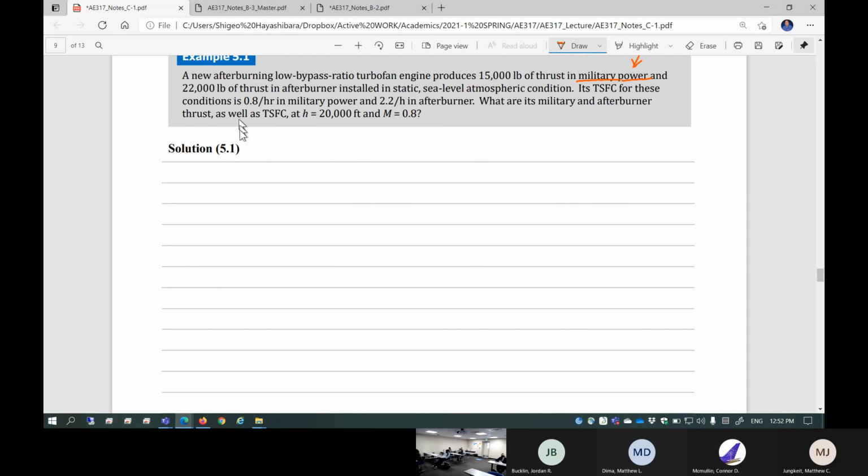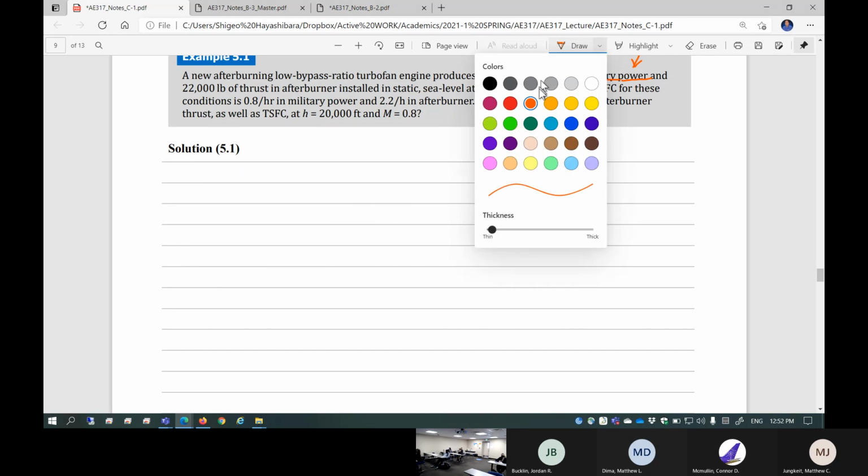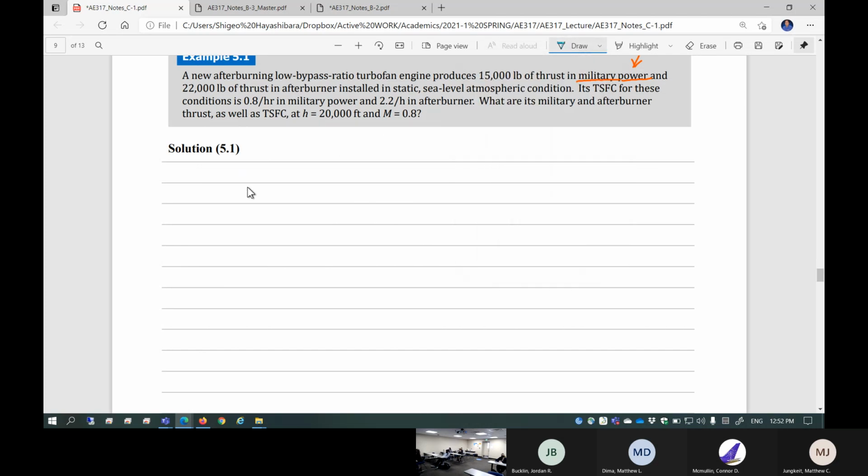Okay, so let's begin with altitude 20,000 feet. You're going to pick up the standard value of atmospheric condition. Density at 20,000 feet, if it's a standard day, is going to be 0.001267 slugs per cubic foot.